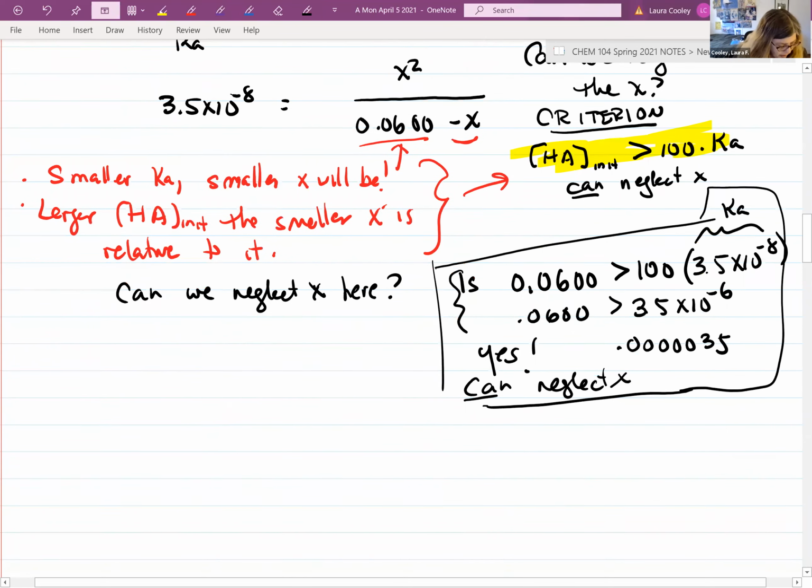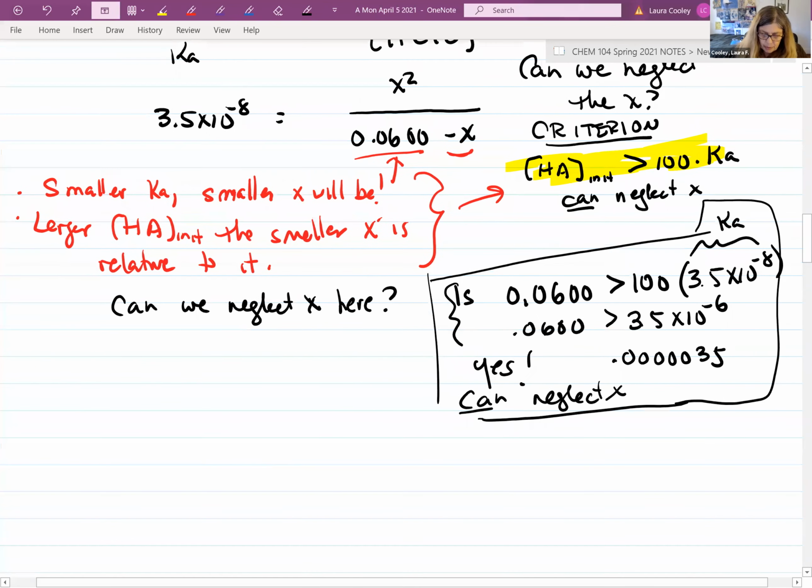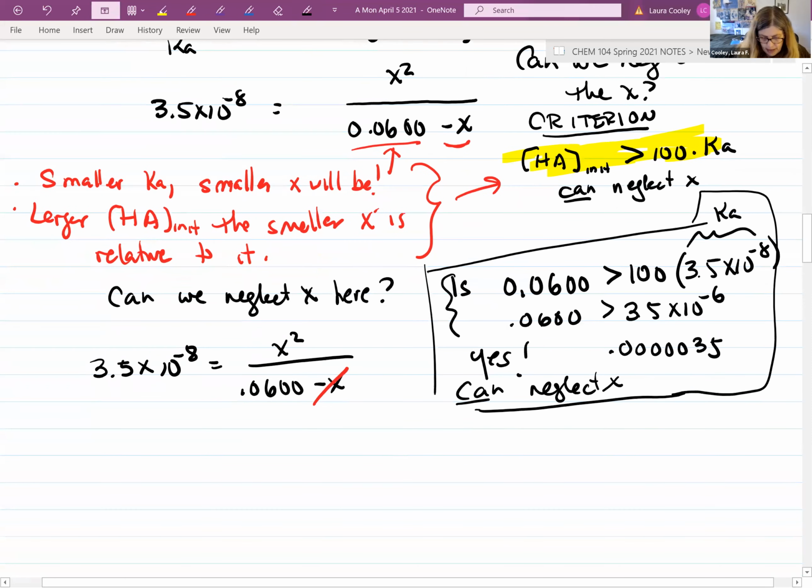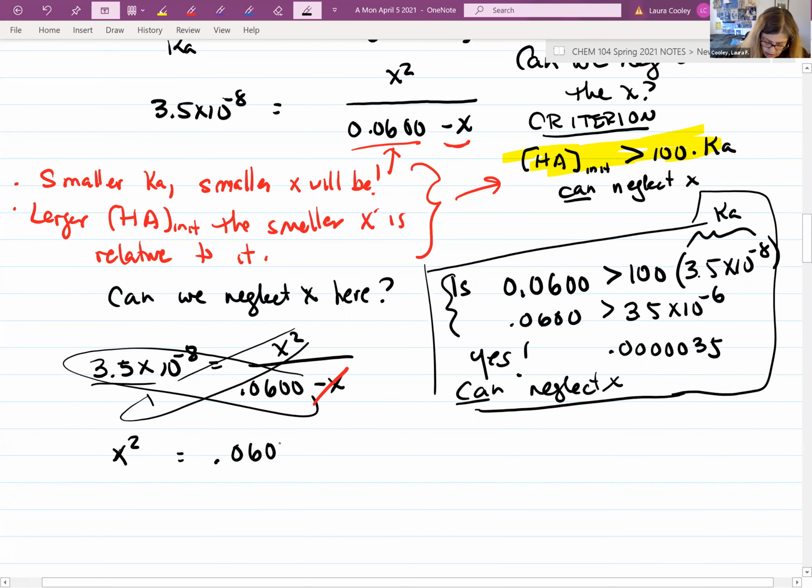Okay. All right, so we're back to solving the problem, but it's a much easier problem now. Because this X is gone, done. So now we have X squared. We're going to cross multiply. X squared equals 0.06 times 3.5 times 10 to the negative 8th.